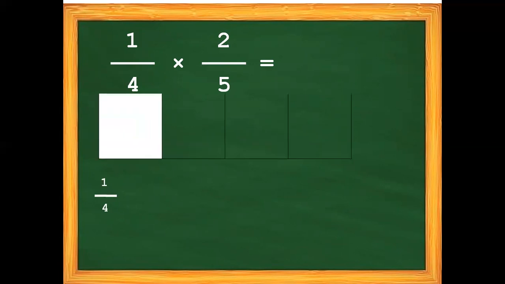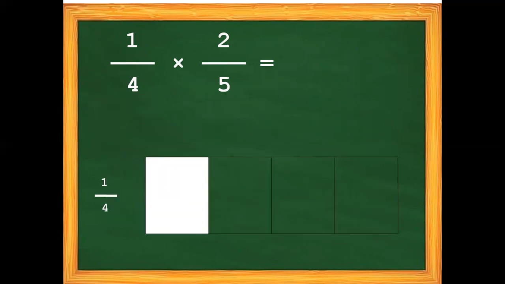There is a whole rectangle, and the whole rectangle is divided into 4 equal parts to represent the denominator. And we shaded one part to represent our numerator as 1 or 1/4. So this illustration illustrates 1/4.